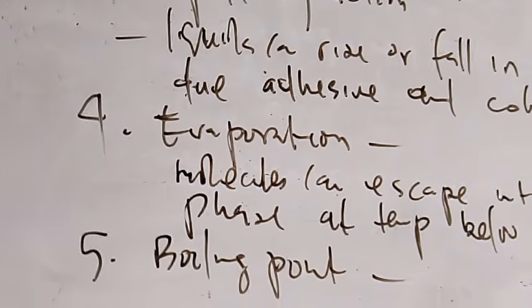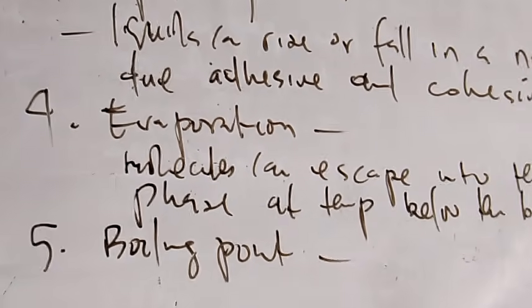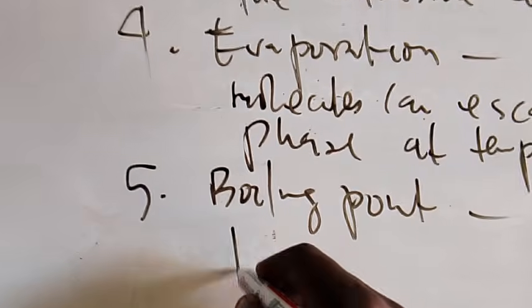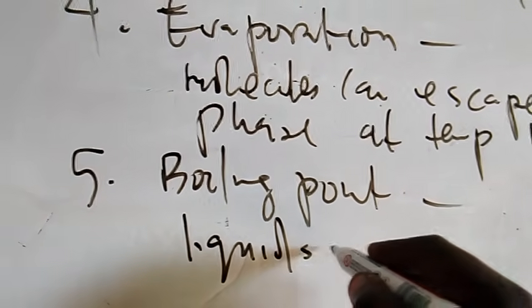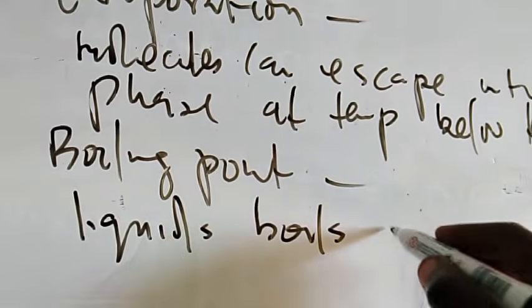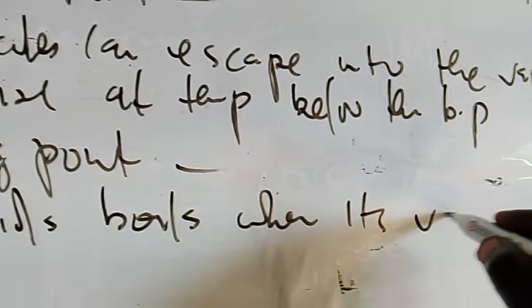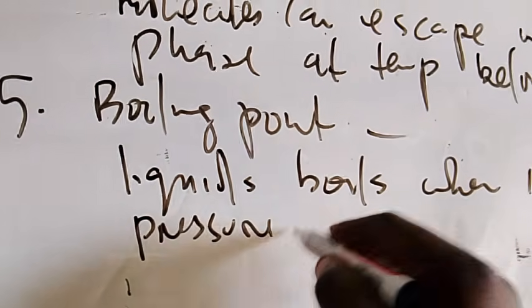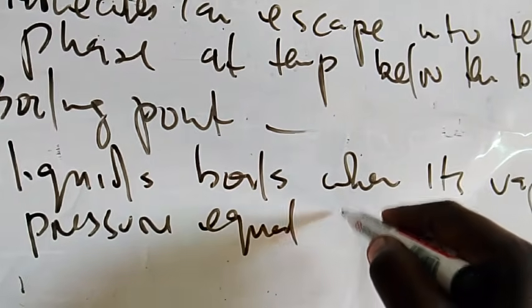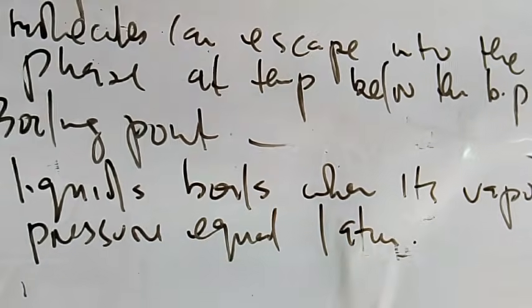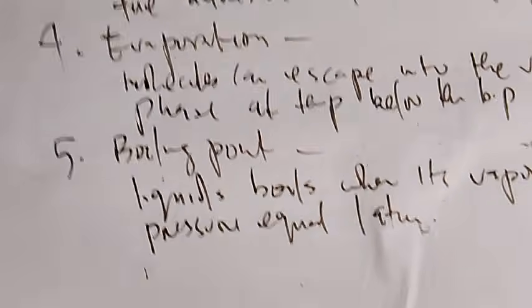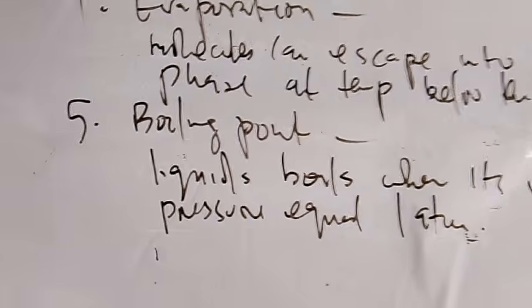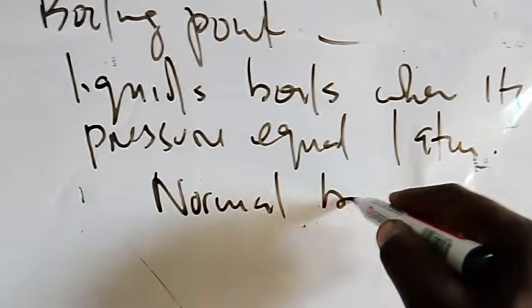Then number 5, boiling point. A liquid boils when its vapor pressure equals the external pressure. So a liquid boils when its vapor pressure equals 1 atmosphere, which is the external atmosphere.